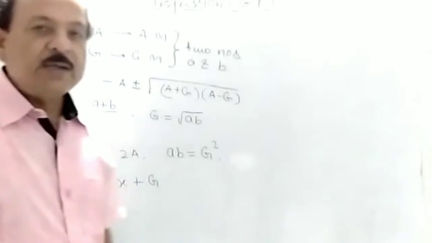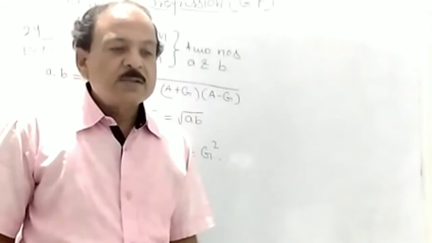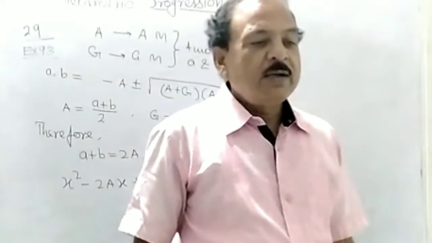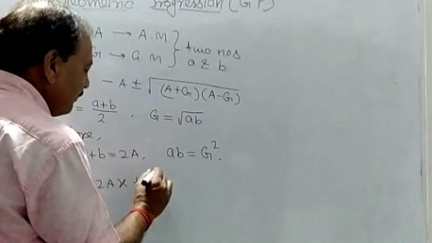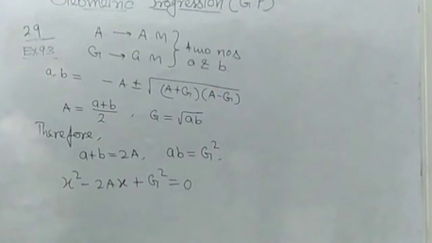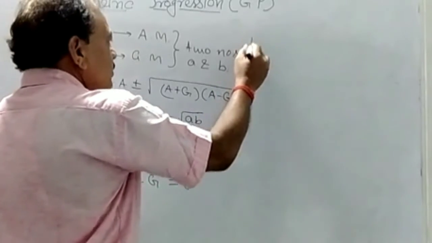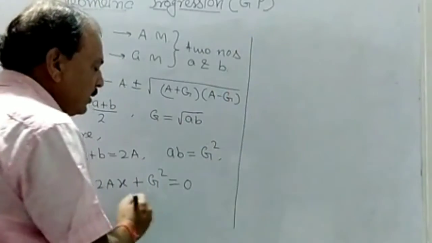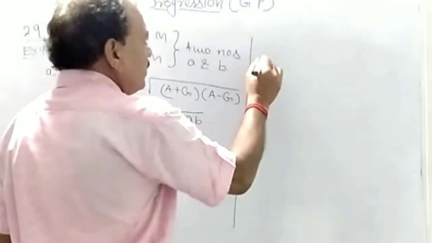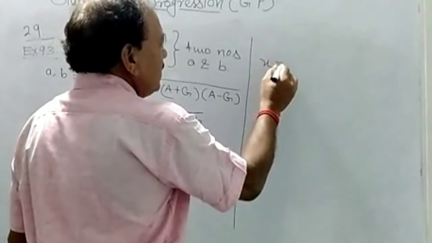So x square minus 2Ax plus G square equals 0. Now from this quadratic equation, you can find the roots.